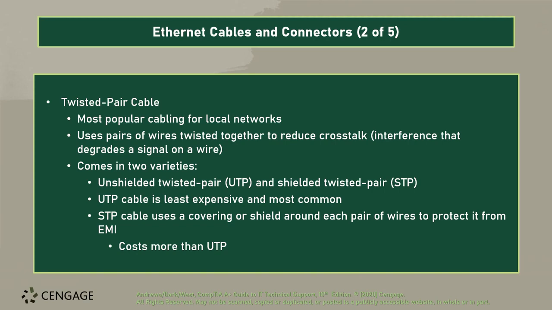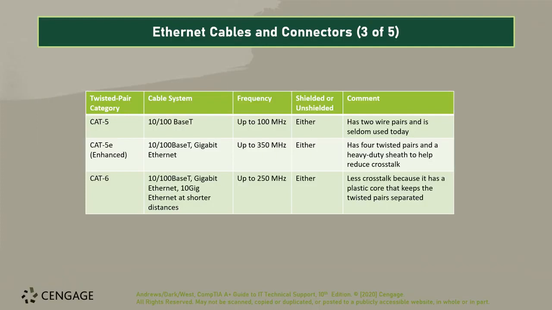Sometimes they'll also have a little core separator in the middle to help keep them separated, and a foil jacket that goes over the cable as a whole. So it's a lot more expensive to produce. It's a lot more time consuming to produce. So of course it's going to have an exorbitantly higher cost relative to UTP.